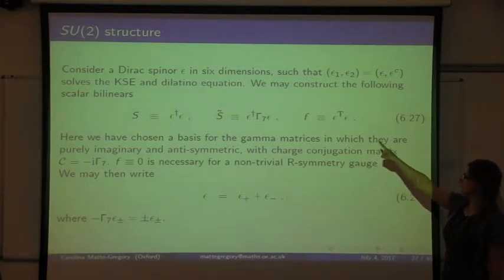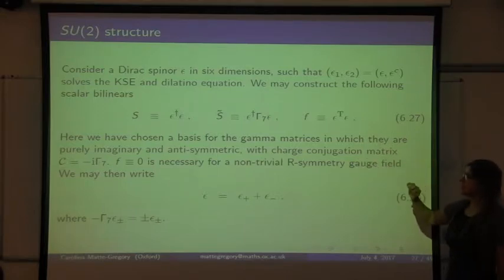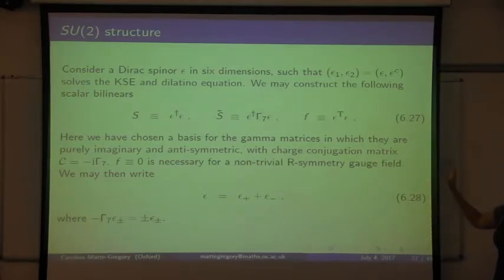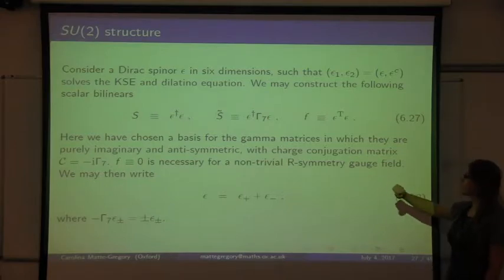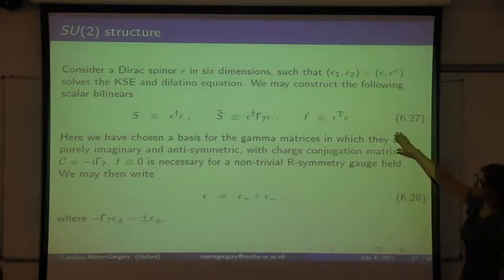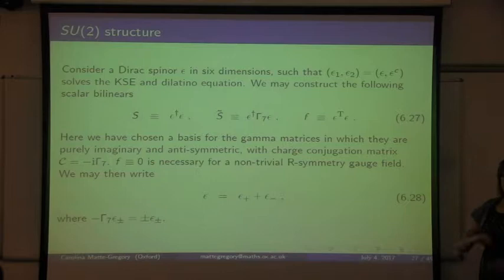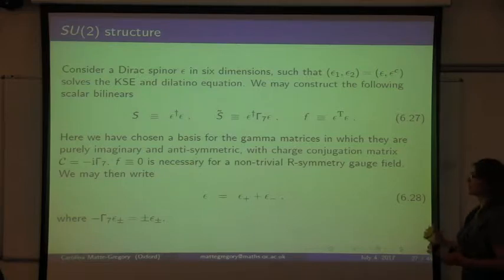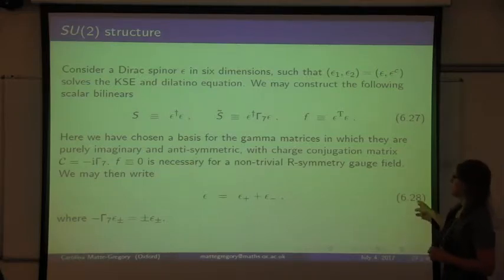So I can write, for example, these scalars, and in particular I'll be using a lot of s. Then f has to be 0, because from my differential conditions on these spinors, I'll find that either f is equal to 0 or my gauge field is equal to 0, and I need my gauge field, so f is equal to 0.